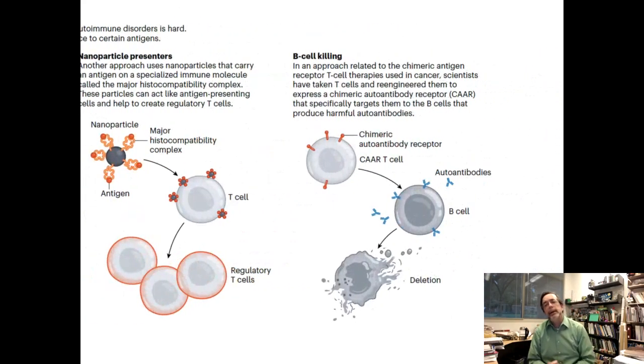Then finally, if you have problems with your B cells, if you have lupus and you have overactive B cells making overactive antibodies that are attacking your own Fc regions of IgGs, then why don't you find a way to destroy those B cells? Now there's an approach, we're going to talk about this in the cancer chapter that's going to be on Monday. But there's an approach called chimeric antigen receptor T cell therapies that can target cancer.